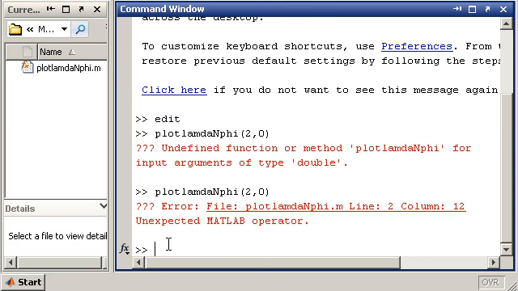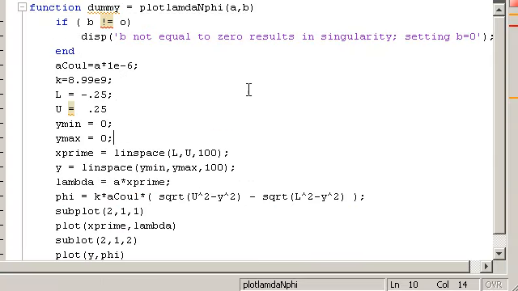Unexpected MATLAB operator in line 2, column 12. Ooh, if B. I think I typed in an O instead of a 0.